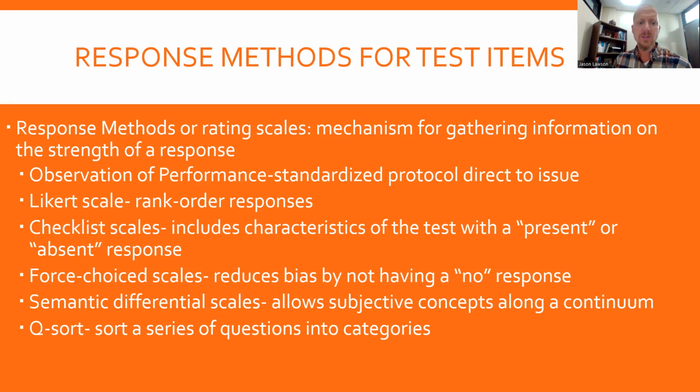Q-sort is a series of questions sorted into categories. So this might be a list of particular questions you have, and then those questions are sorted based on particular categories. I'm thinking of the activity card sort assessment. It's very similar to that kind of a response.